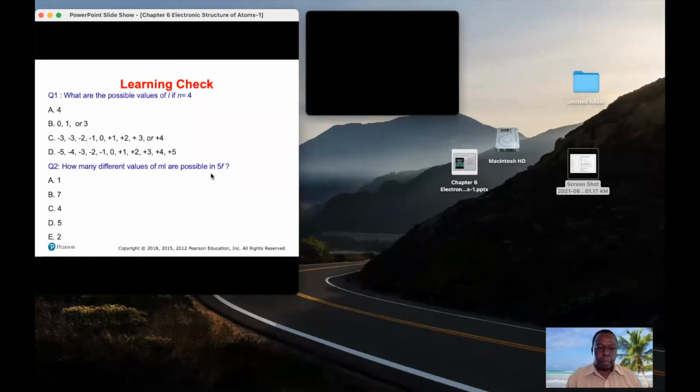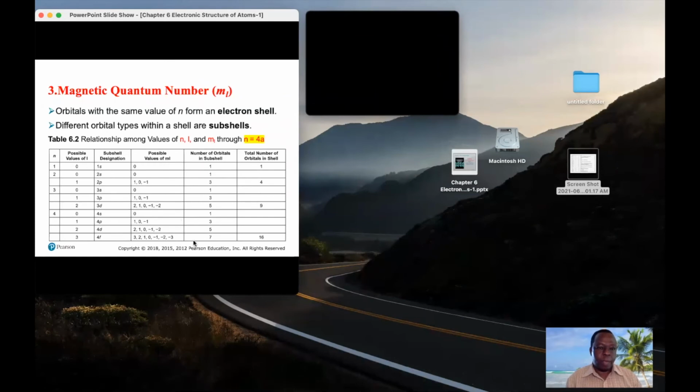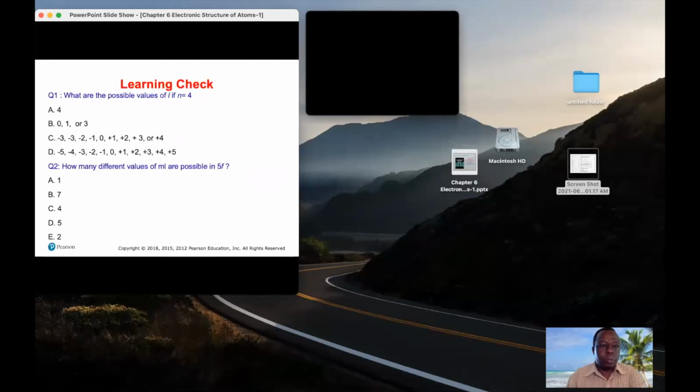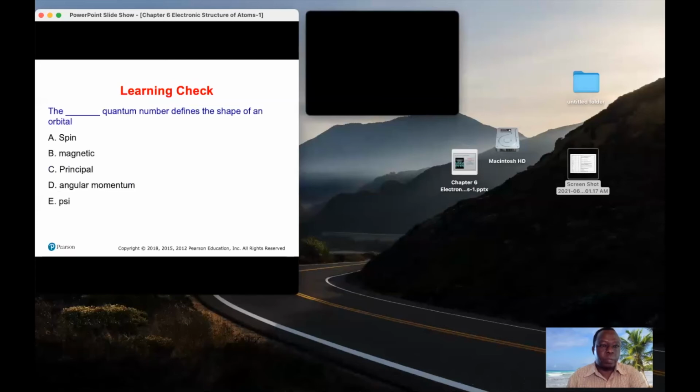Based on what we have here, for all F, whether it is 4 or 5, we have 7 possible values for m's of L.